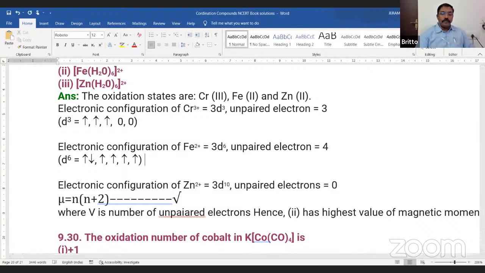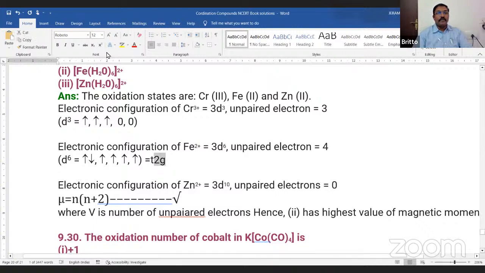Now, how do you write this in terms of the crystal field splitting configuration? This is how you have to write it: t2g. It's a weak field complex. We are going to fill the 6 electrons.